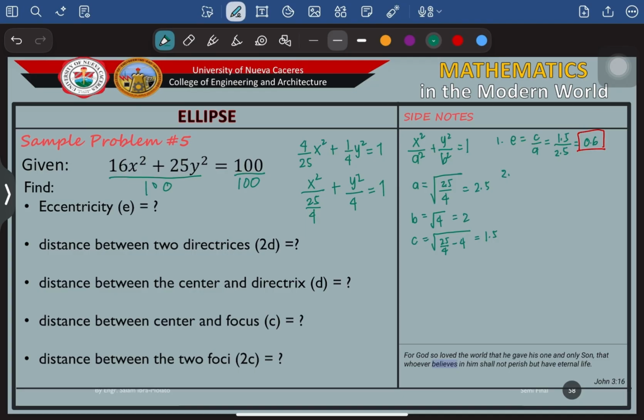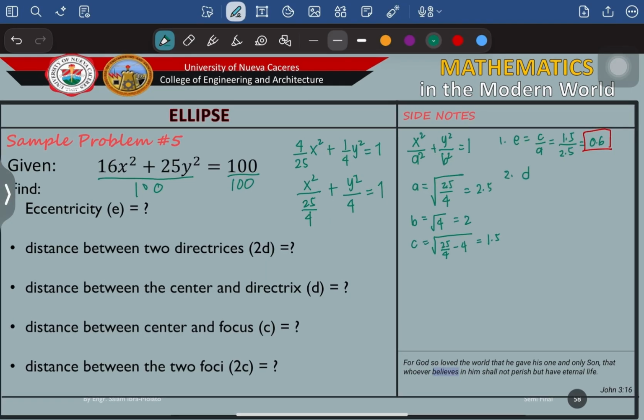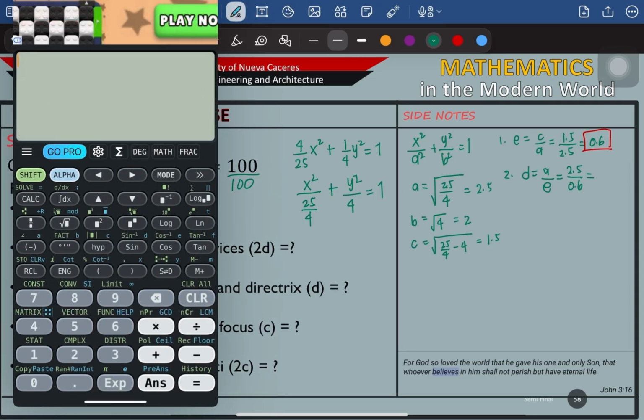Based from the formula, d is equal to a over e. So a is 2.5 over 0.6. To compute, that is equal to 4.167 units.